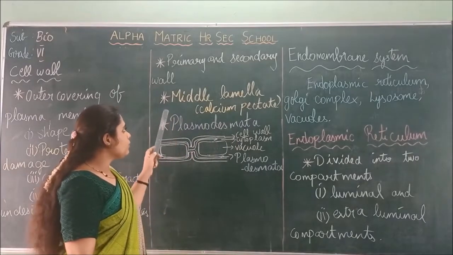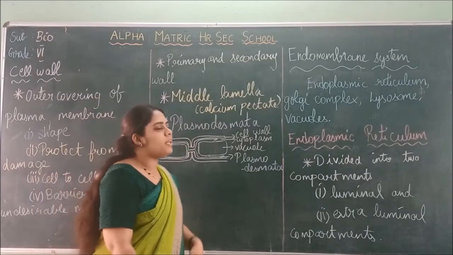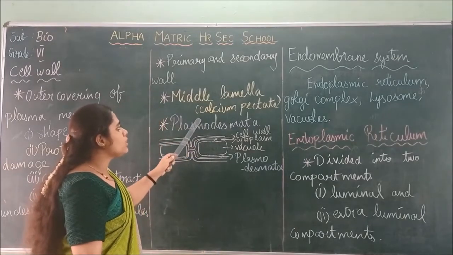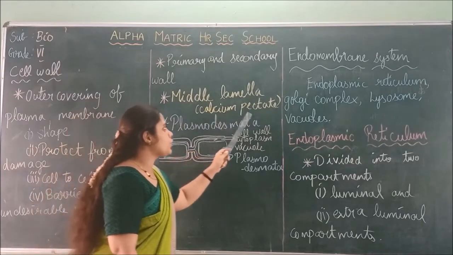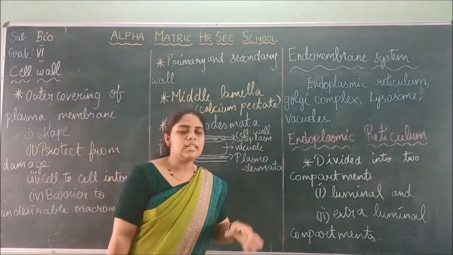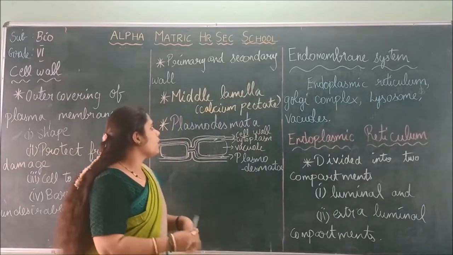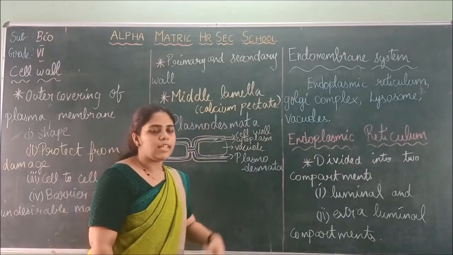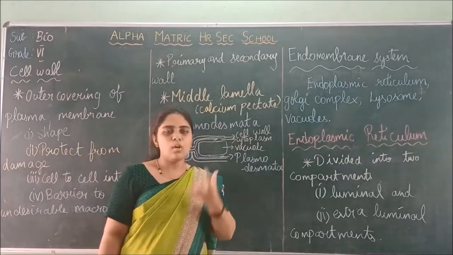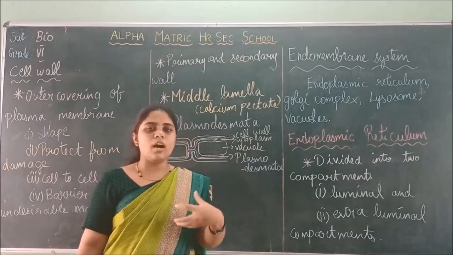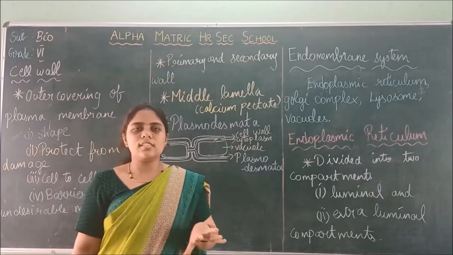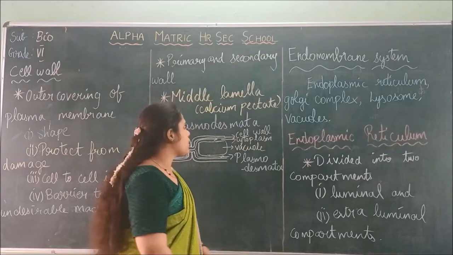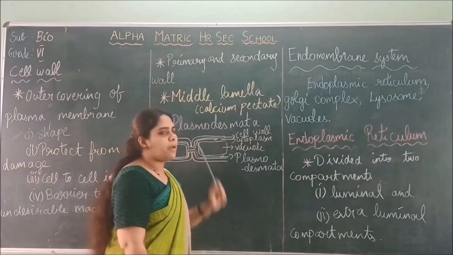And after that, the middle lamella will be present. The middle lamella consists of calcium pectate. This component will act as a glue to attach all the components of the cell. So this is the main function of the calcium pectate present in the middle lamella.